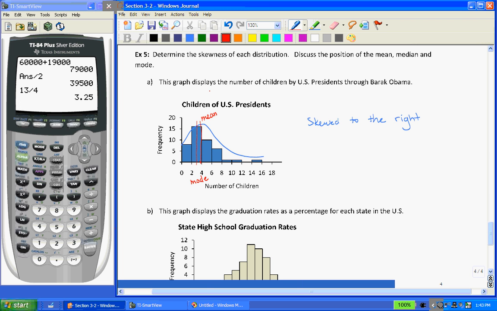And the median is here also, but it's also pulled a little bit to the right. So because we have these values that don't occur very often, but they represent big numbers, we get this skewness, and it pulls the mean and the median with it a little bit.